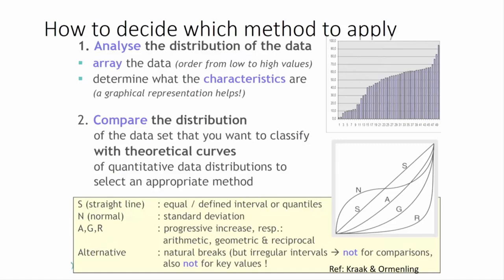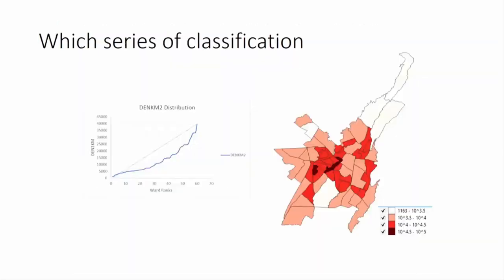And if the histogram of your data looks like the AGR, which is arithmetic, geometrical, and basically the reciprocal representation of the data set, then you should go for those series-based classification schemes. So your classification scheme should be based on the attribute histogram distributions, and accordingly it should be carried out for exploratory analysis.